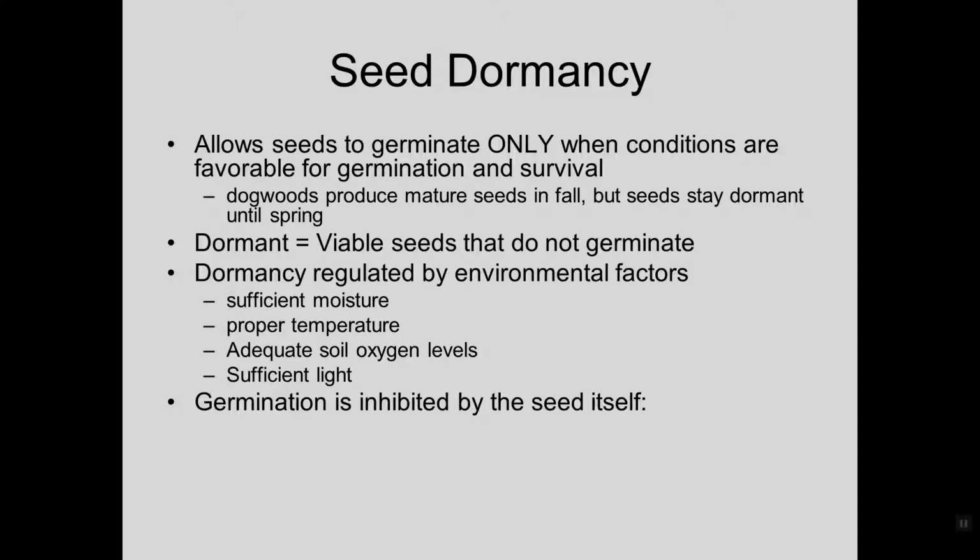Germination is also inhibited by the seed itself. So there's external dormancy, where the seed is waiting for those proper environmental factors, but sometimes there's also a dormancy factor built into the seed coat. It has a hard layer around the seed that doesn't let moisture in, because it requires that seed coat to be degraded over time.